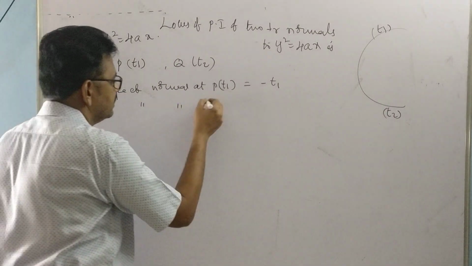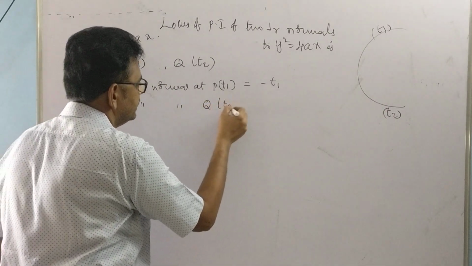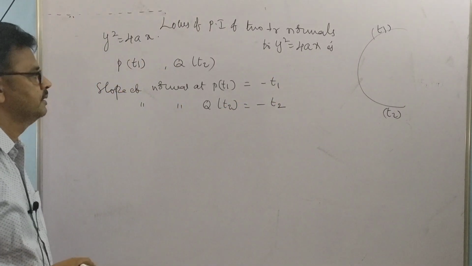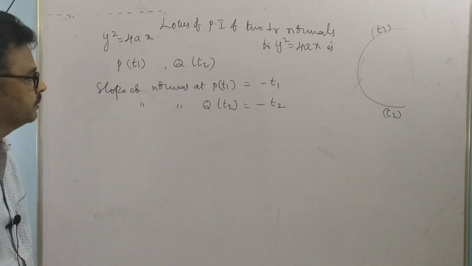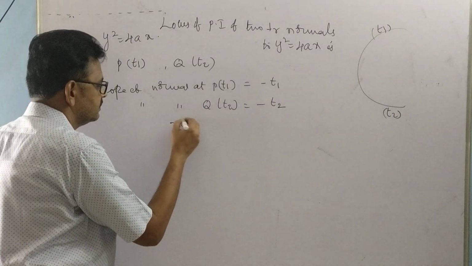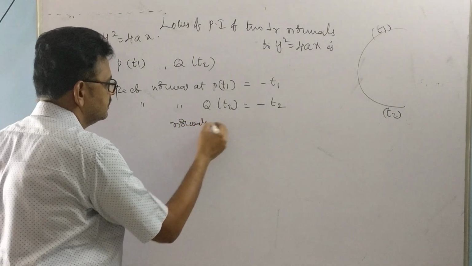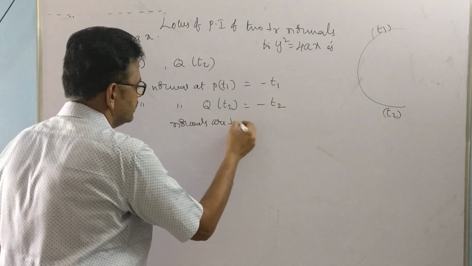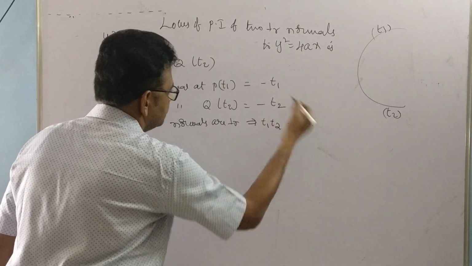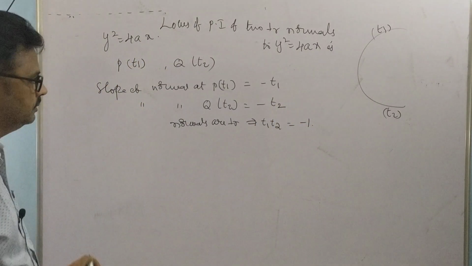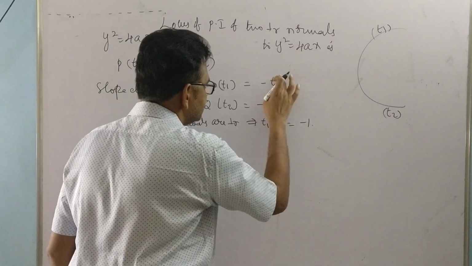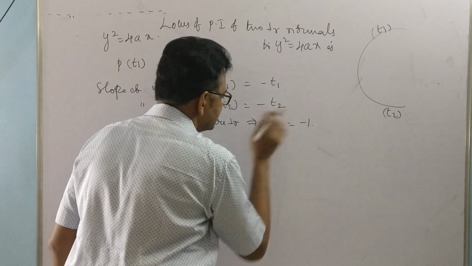Slope of normal at Q, T2 is minus T2. So since the normals are perpendicular, this implies T1 T2 is equal to minus 1. Product of slopes equal to minus 1, so minus T1 into minus T2, product is minus 1.